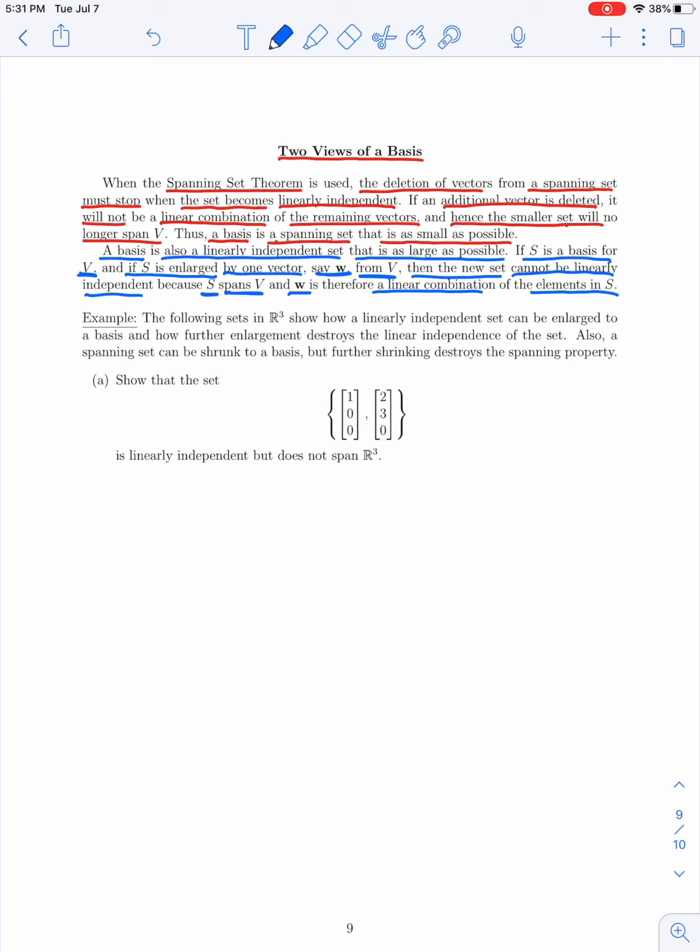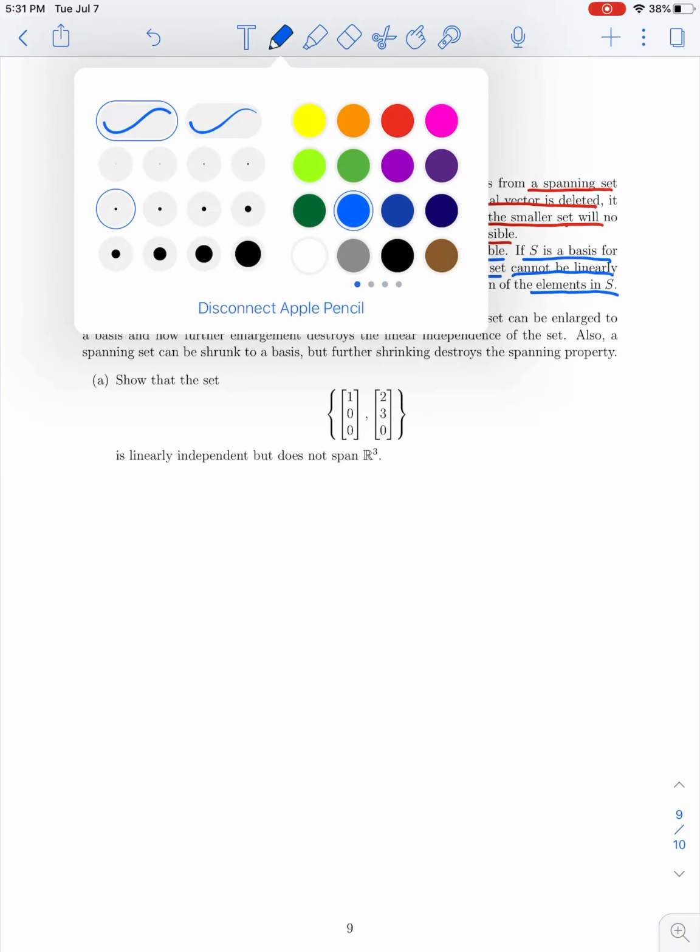So in part A of this example, we are asked to show that the set consisting of these two vectors is linearly independent, but does not span R3.